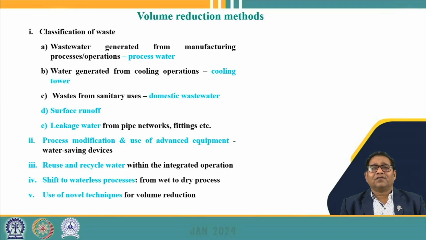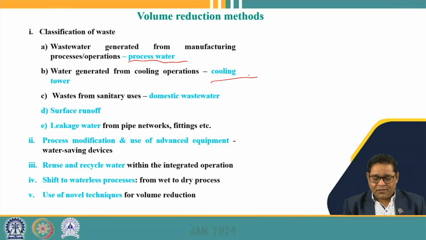These are examples of volume reduction techniques. In volume reduction, we try to classify the different types of waste streams generated from the industries. We have process water, which is mostly generated from the manufacturing process.